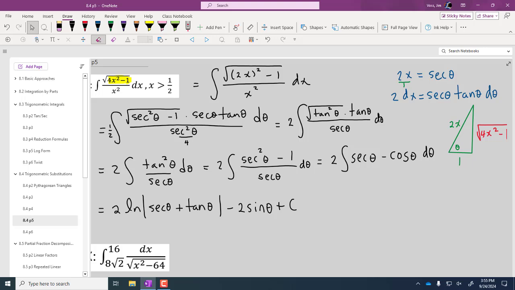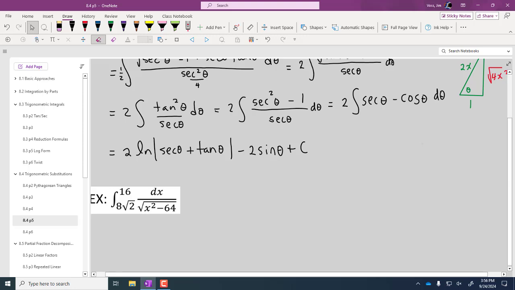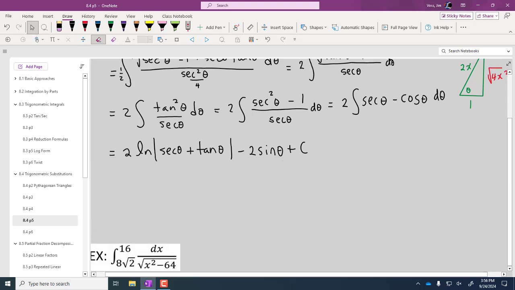Can you show us how to do it if you convert it to sines and cosines? Sure. If we switched it to sines and cosines, right here we would have 2 times the integral. This is going to be sine squared over cosine squared for tangent squared. Cosine will go into the numerator.